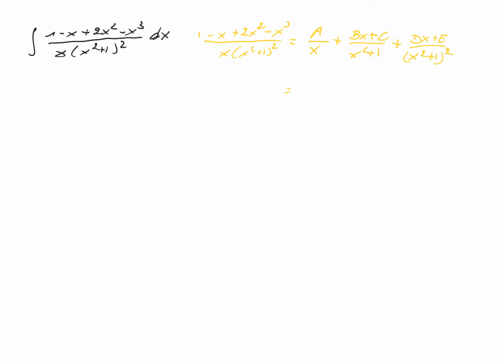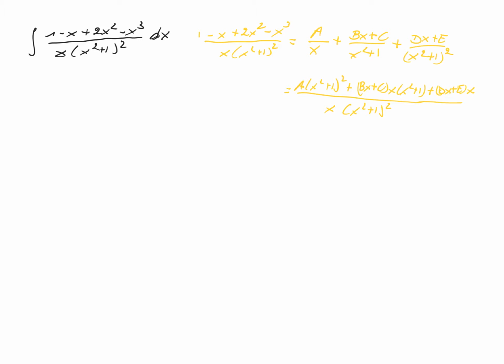Then bring everything onto the same denominator, so x times (x squared plus 1) to the power 2. Then we get a times (x squared plus 1) to the power 2, plus (bx plus c) times (x squared plus 1), plus (dx plus e) times x.